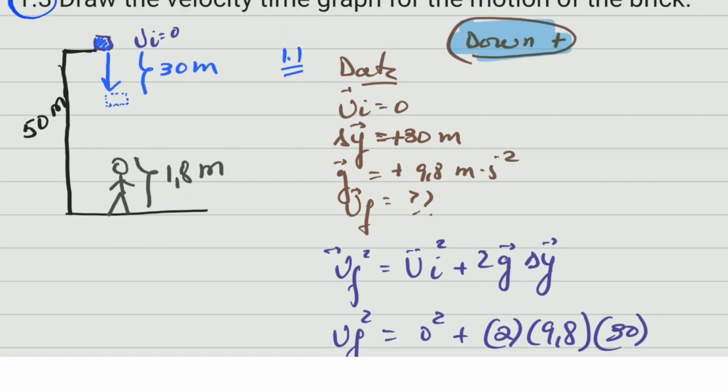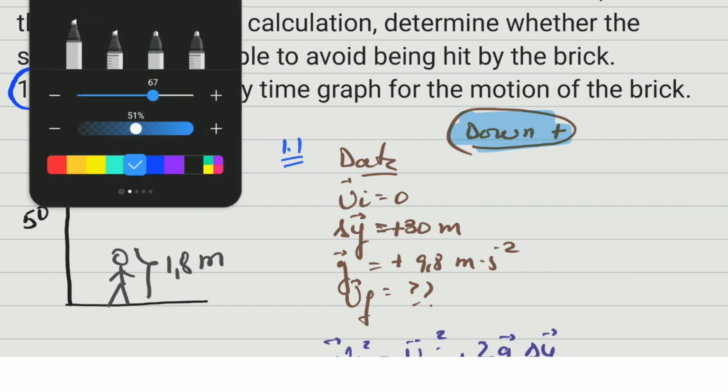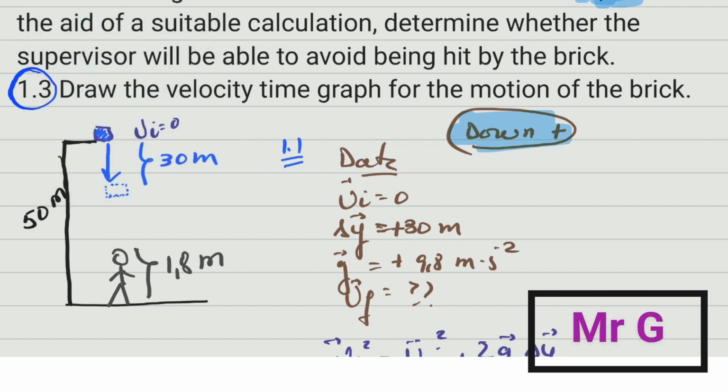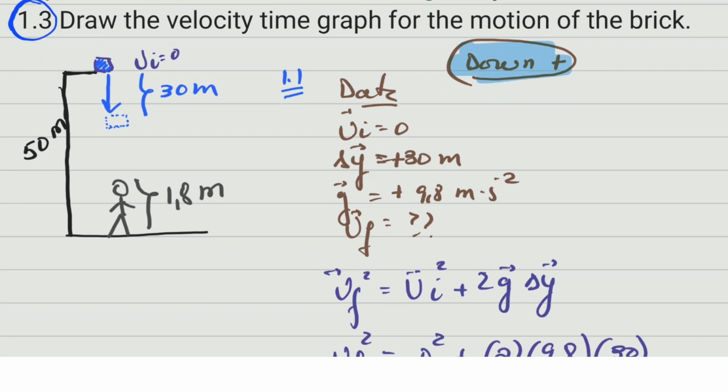It's quite easy. The second question is a little bit more tricky. Okay, so this question says the average reaction time of a human being is 0.4 seconds. With the aid of a suitable calculation, determine whether the supervisor will be able to avoid being hit by the brick. So note the following in this specific question.